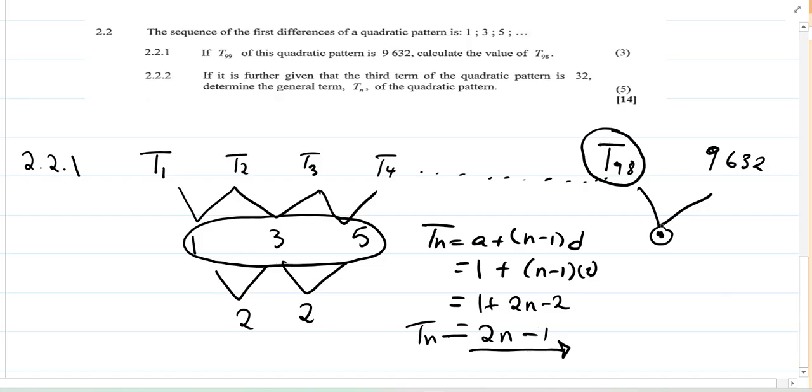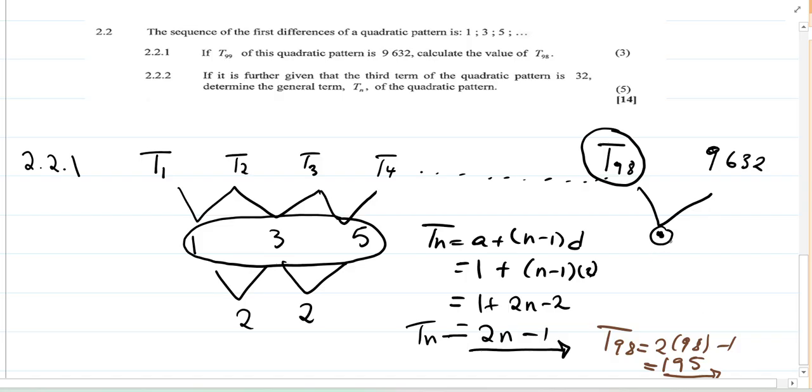So to get the difference at T98, I'm going to substitute 98 into this equation. It gives me 2 into 98 minus 1, and when I put it into my calculator, it is 195.